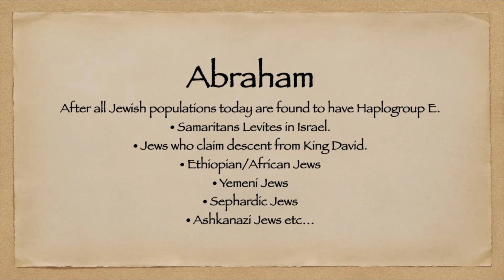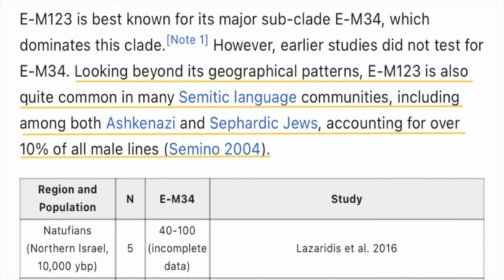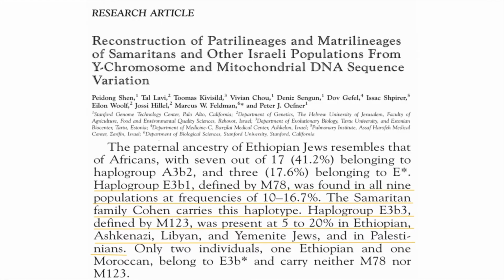After all, Jewish populations today are still found to have haplogroup E: Samaritan Levites in Israel, Jews who claim descent from King David, Ethiopian and African Jews, Yemeni Jews, Sephardic Jews, Ashkenazi Jews, etc. Looking beyond the geographical patterns, E-M123 is also quite common in many Semitic language communities, including among both Ashkenazi and Sephardic Jews, accounting for over 10% of all male lineages.